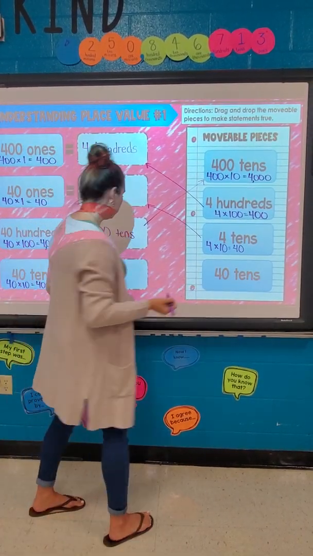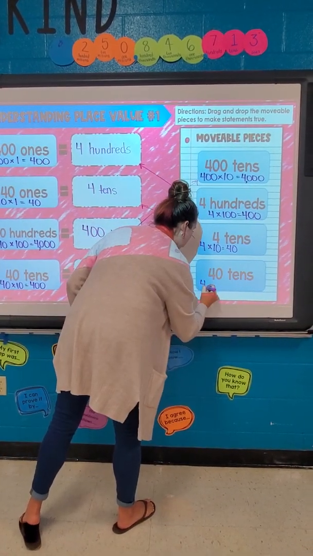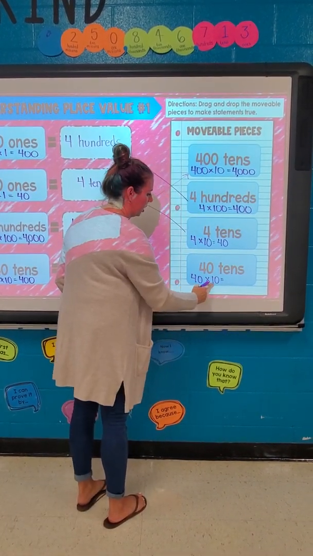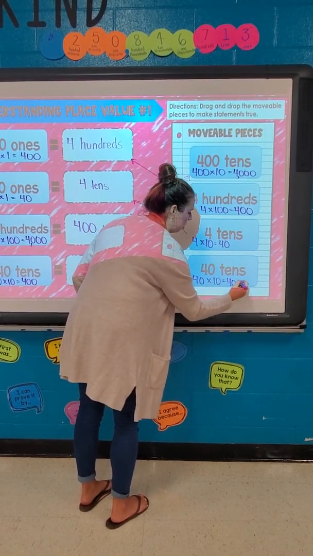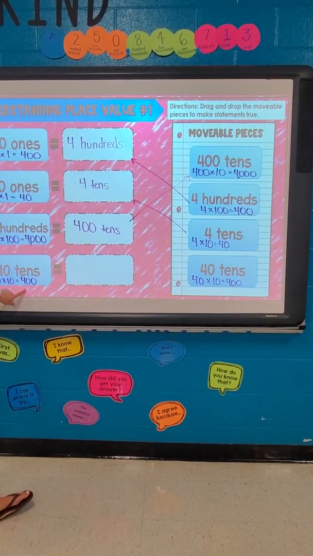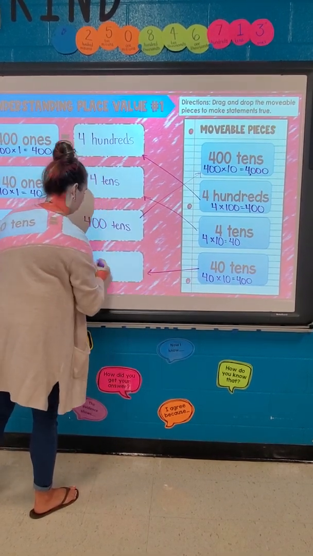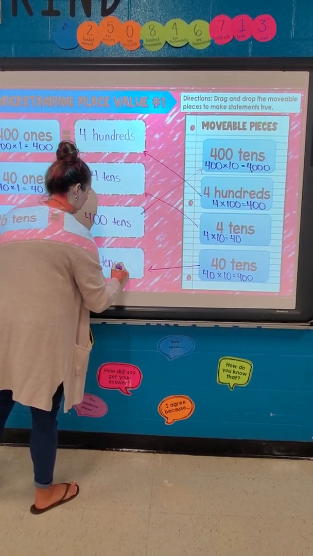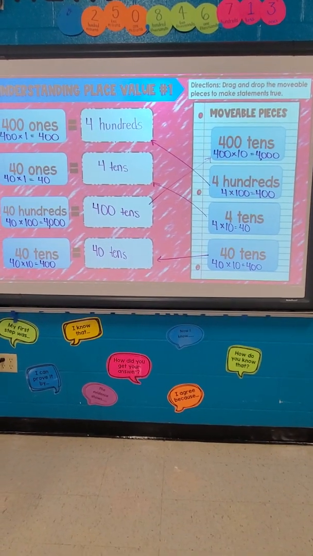And then that leaves our last one, which should go in this square, but let's check it just to make sure. 40 times 10. I'm going to say 40 times the 1 gives me 40, plus the 1 extra 0 because it's a multiple of 10. And so that equals 400, and this one equals 400. Actually, they're the exact same thing, aren't they? They both say 40 tens.